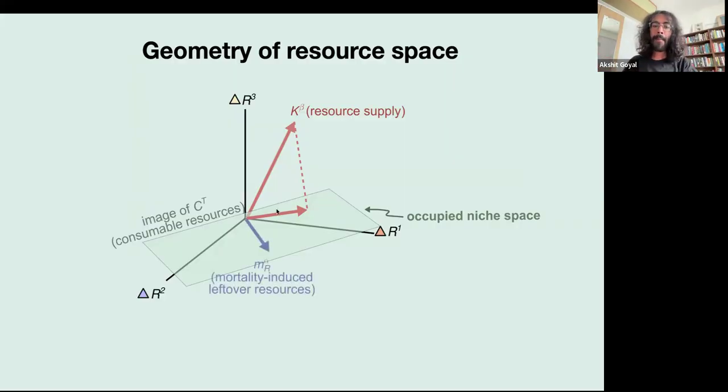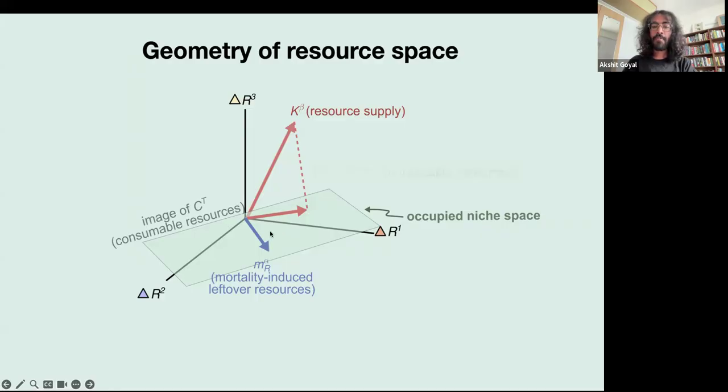What the geometry is telling you is that you project your resource supply onto this occupied net space. Species can only eat stuff that lies in what they can consume, but they won't consume all of it. So the steady state resource supply is not this vector, but in fact they're going to face some mortality. And so you have to take the mortality vector now and transform it to the resource supply vector.